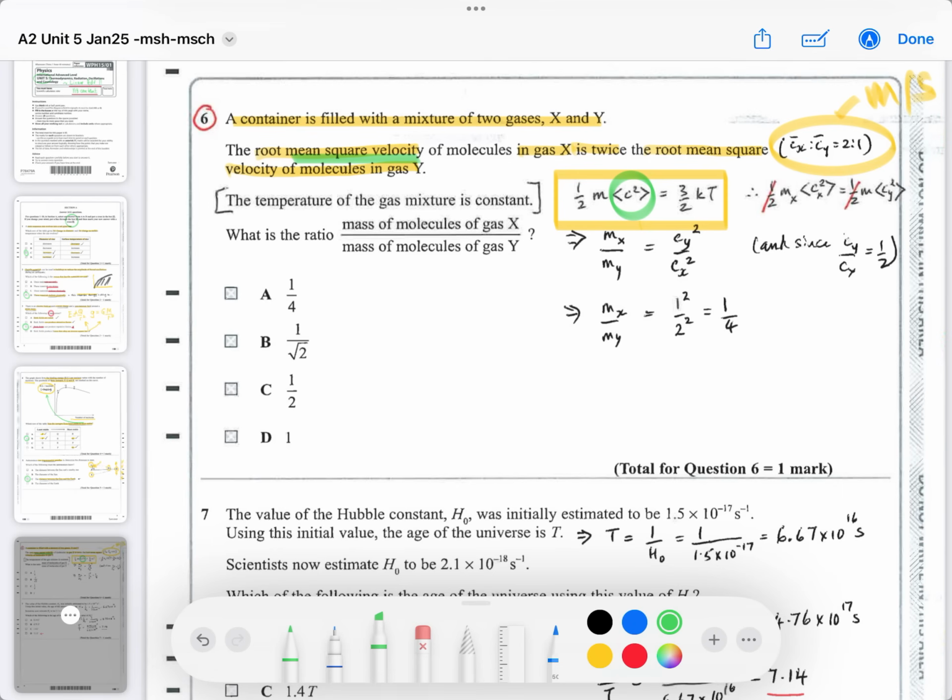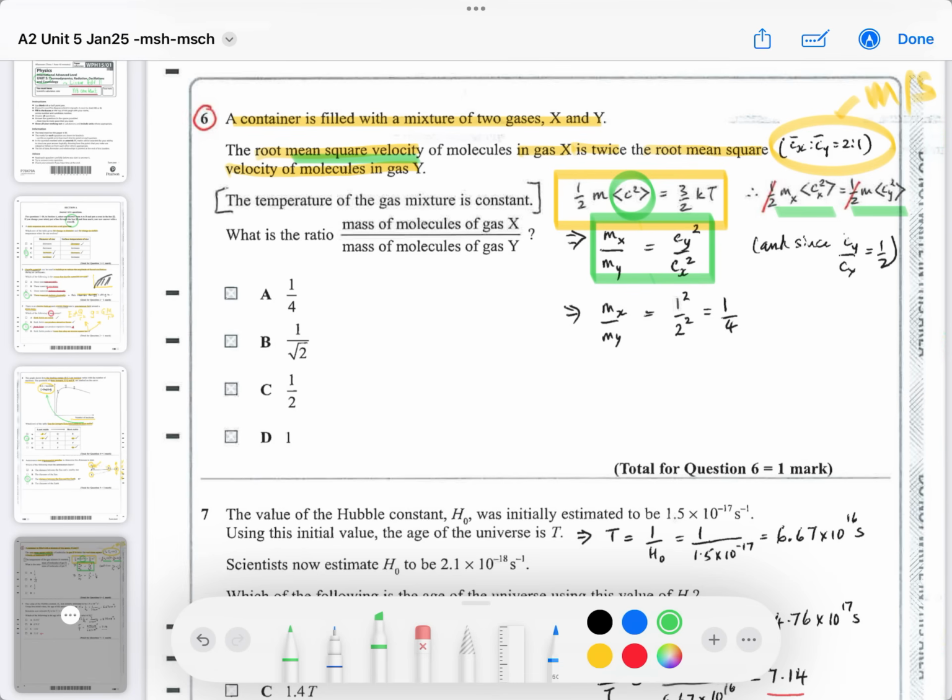So you can see that for X, half m_x c_x squared must equal half m_y c_y squared. The second m is meant to have a y in there. So you can cancel out the halves, and you come up with a nice relationship between the ratio of the masses and the ratio of the speeds.